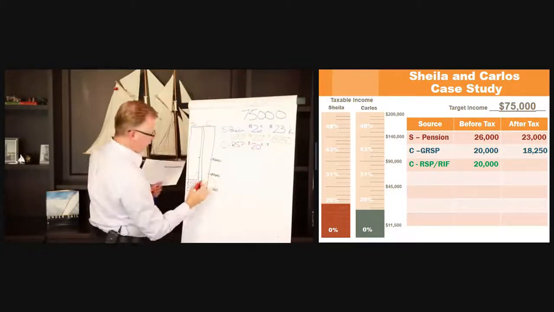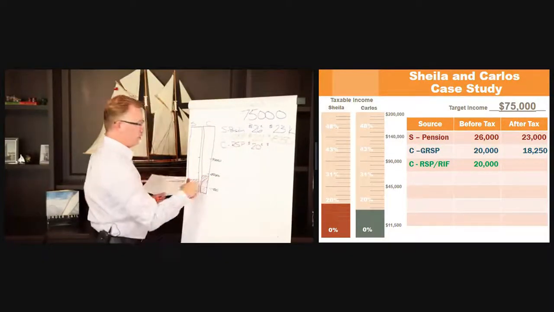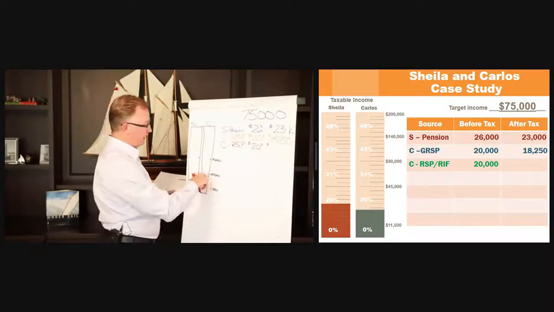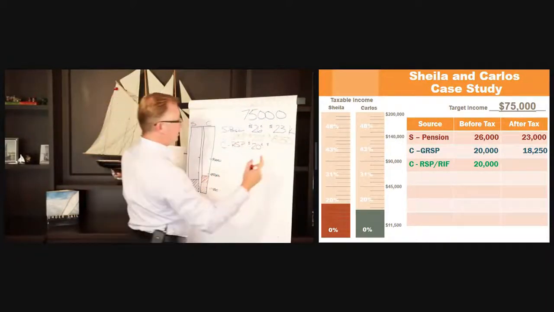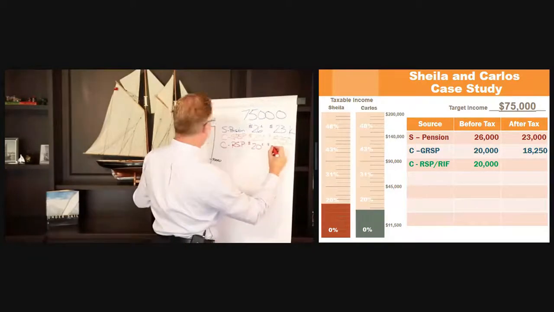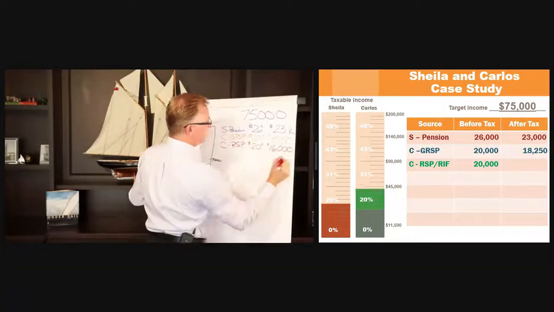So that's going to bring him up to about $40,000. Has he gone into a new tax bracket? No, he's not. $45,000 is the limit. He's up at $40,000 right now. So that means that it's taxed at 20%. That's $4,000 off, meaning $16,000 after tax.